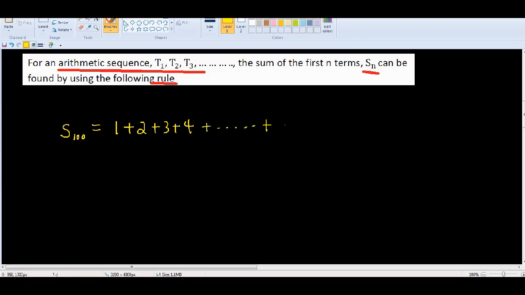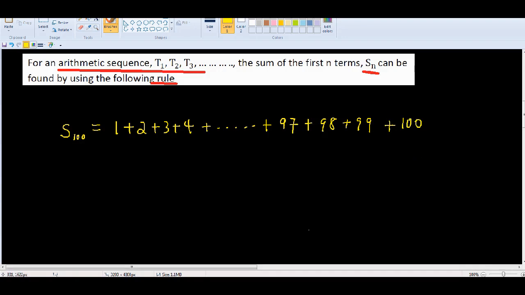I'm going to write the last 4 terms as well: 97, 98, 99, and then 100. That's the sum of the first 100 terms.